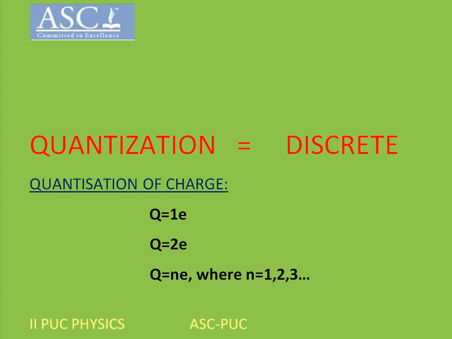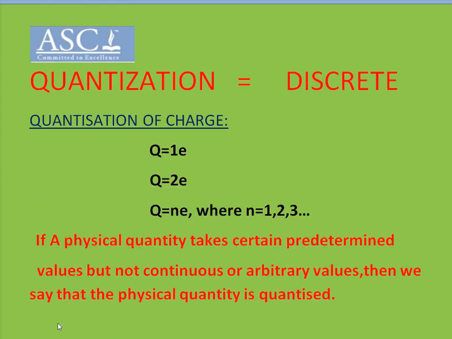This means that charge always exists as the integral multiple of electronic charge. That is, charge is not continuous. In other words, we can say the charge equal to 1.5e or 1.6e or 1.7e simply does not exist.